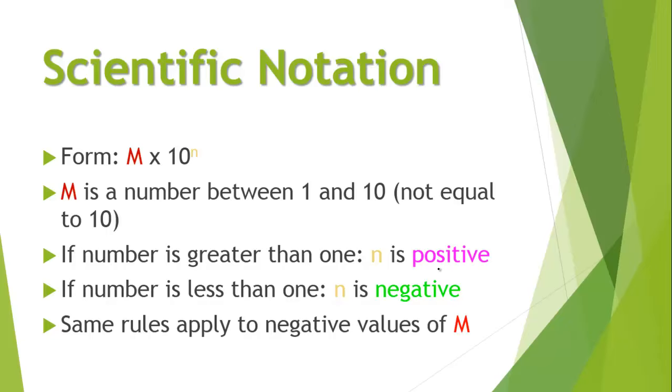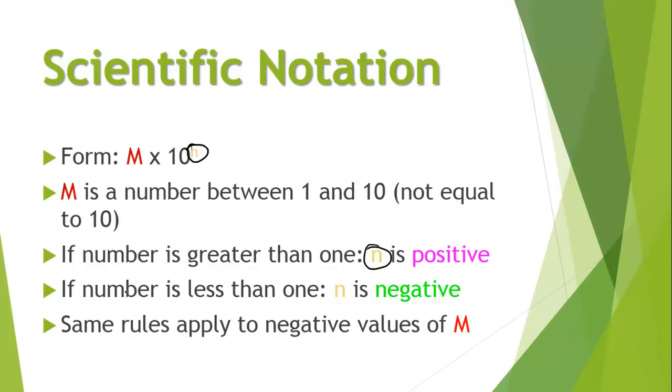Now, if your number is greater than 1, this n, which seems very hard to read, there's an n there and there's an n here, those n's are going to be positive. So if the original number I started with is greater than 1, my n is going to be a positive number.